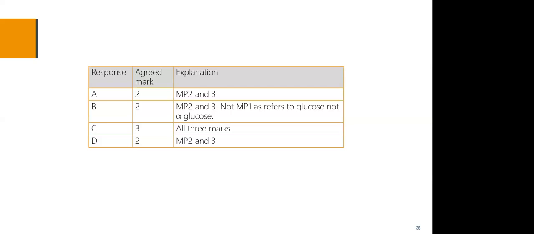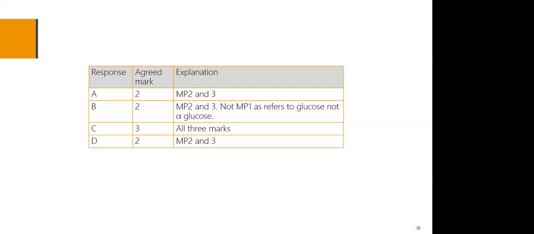But in the context of the question, it seemed fair to interpret the sentence as amylose and amylopectin are made from alpha glucose monomers and allow the candidate to have mark point 1. Again, it's easy to see how you might, on some occasions, come to a different conclusion.